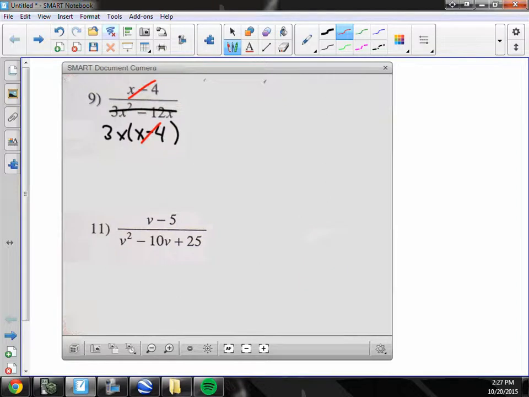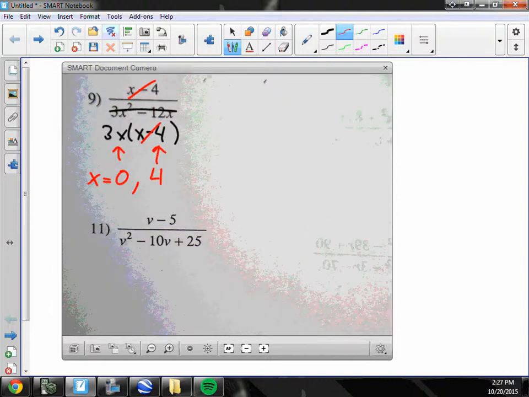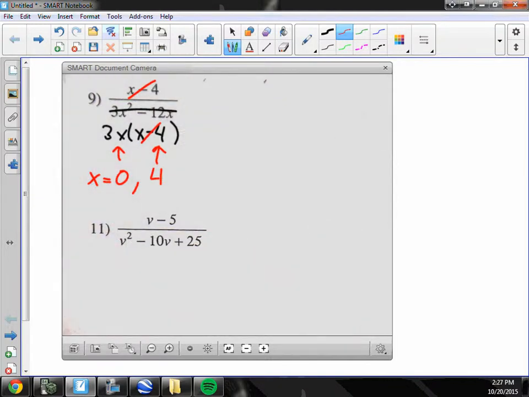What are the roots here and here? x equals 0 and 4. So this graph, every x value shows up on the graph, so the domain is all real numbers except for 0 and 4. Well, why isn't 4 there?